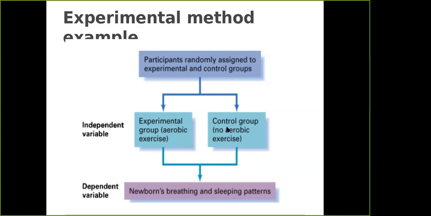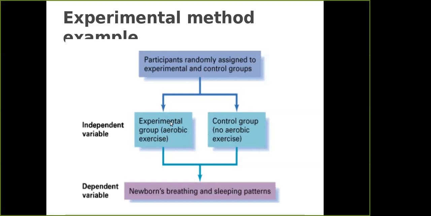We couldn't really be satisfied that that was causal because we don't know if the mothers who chose the experimental group were different from the mothers who chose the control group right from the beginning. It could be the mothers that really liked exercise all joined this, and so they just were more physically fit to begin with. Or it could be the mothers who smoked cigarettes said, "No, I don't want that exercise," and they joined the control group.